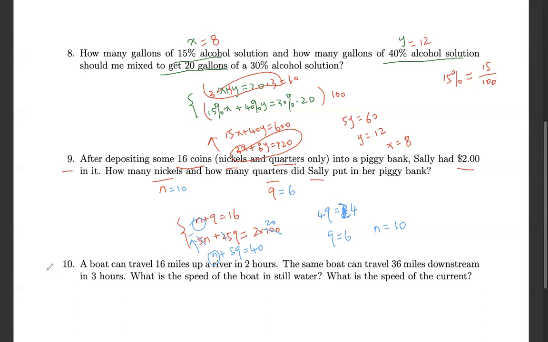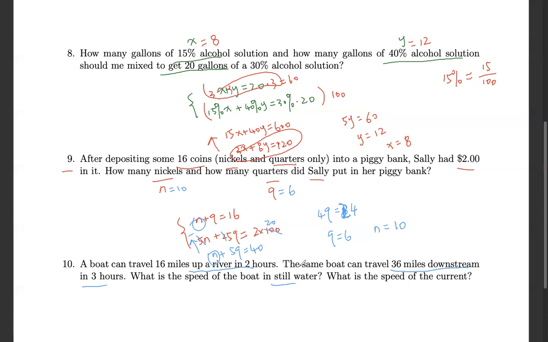Let's see 10. A boat can travel 16 miles up a river in 2 hours. The same boat can travel 36 miles downstream in 3 hours. So what is the speed of the boat in still water? In still water means no current, the current has no speed. And what is the speed of the current?